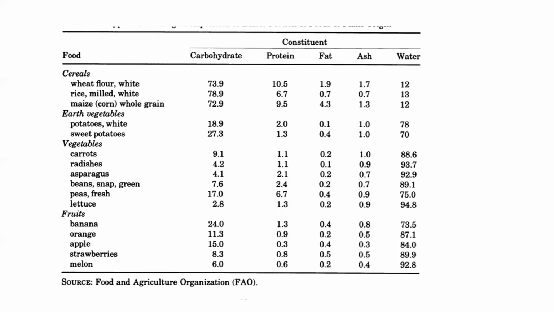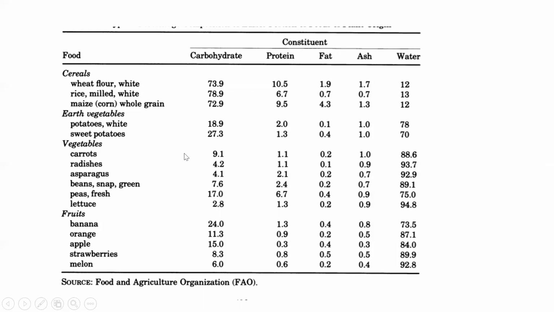All these cereals have a carbohydrate content ranging up to 70 to 80% maximum. Whereas in the category of vegetables, we just now saw that there are root vegetables, earth vegetables like potatoes, sweet potatoes, roots and tubers, which have a slightly higher carbohydrate content.